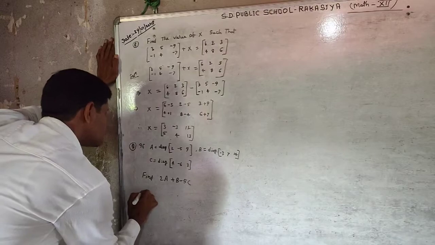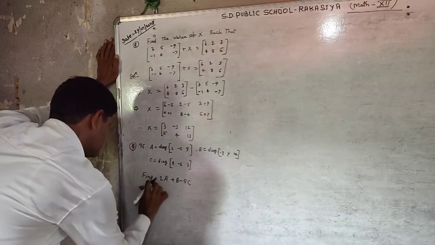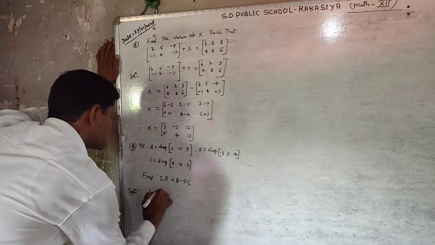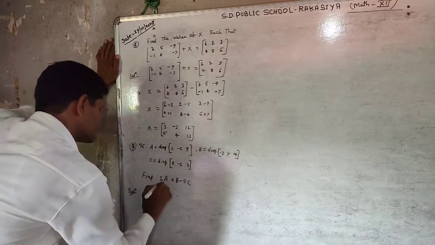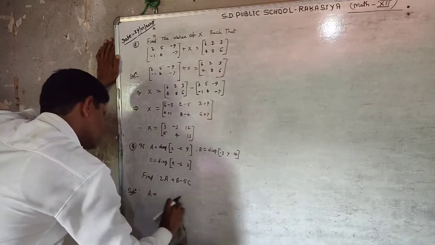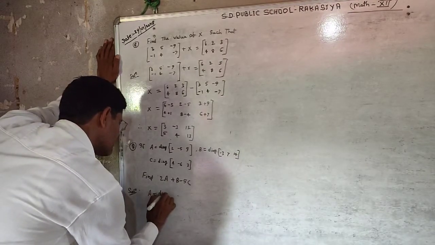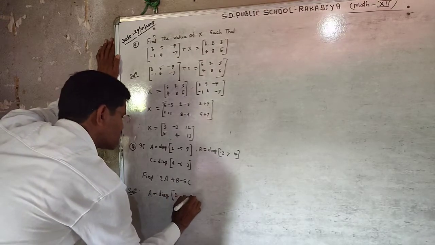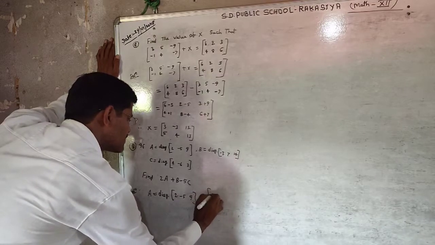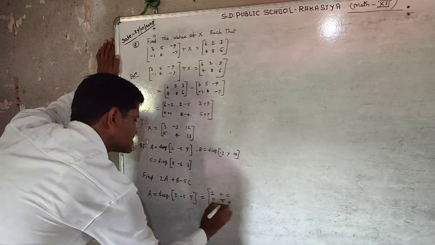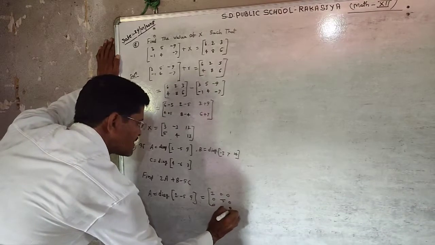Then matrix A, with diagonal elements 2, minus 5, 9, is equal to 2, 0, 0, 0, minus 5, 0, and 0, 0, 9.